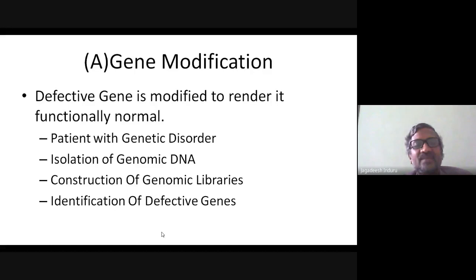In this approach, we isolate the genomic DNA of the particular patient, construct genomic libraries, match them with the original normal libraries, and identify the defective genes. So now many approaches are present for genomic sequences.